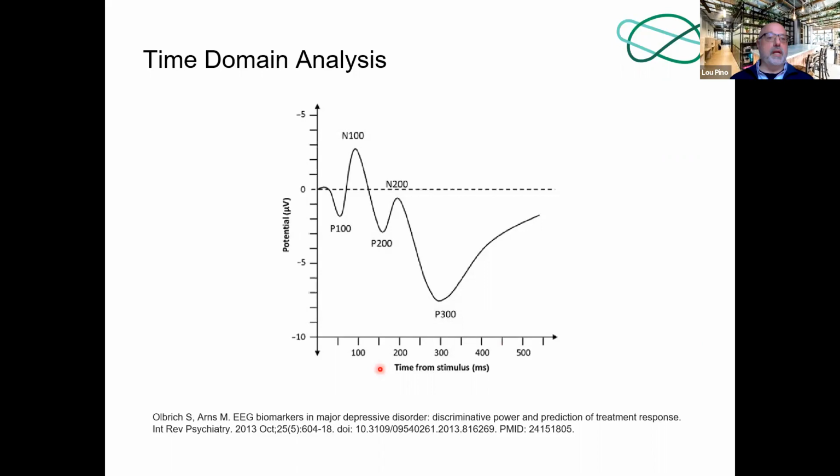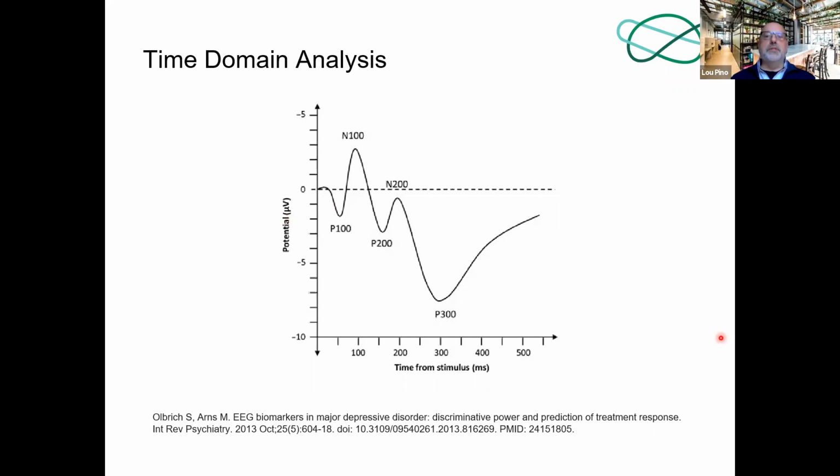We can see here that zero time is usually the point in time when the stimulus is presented. And this signal here is an average of dozens to hundreds of EEG time series that are all averaged one point at a time.